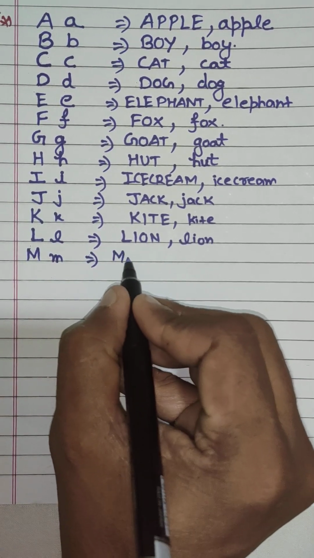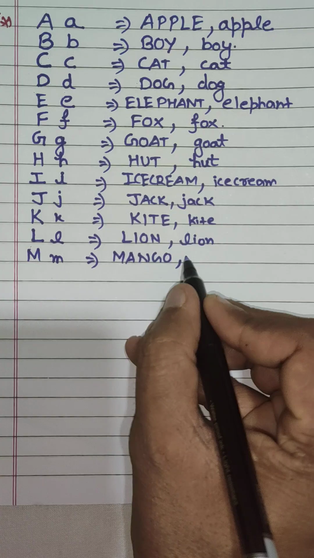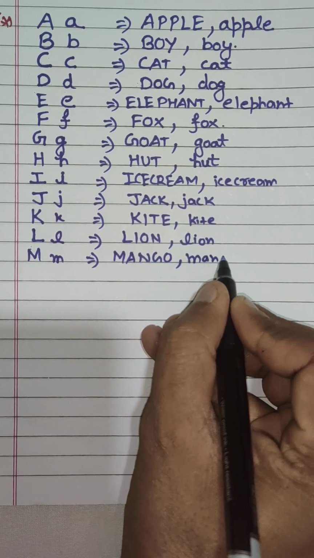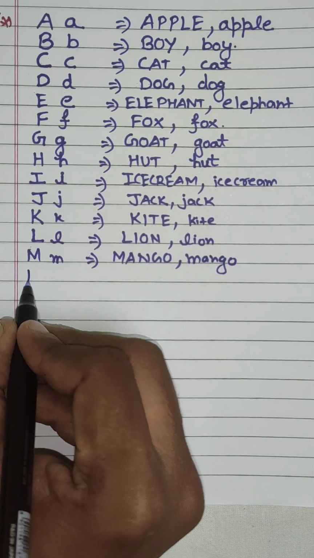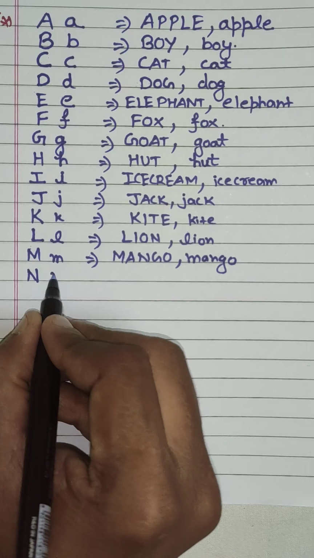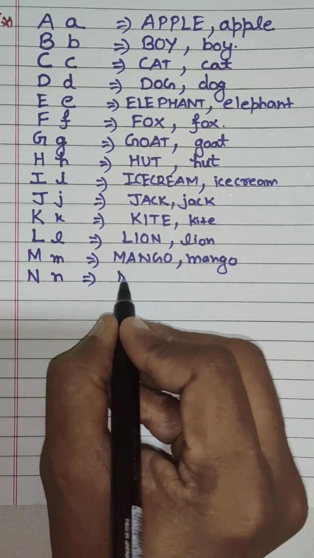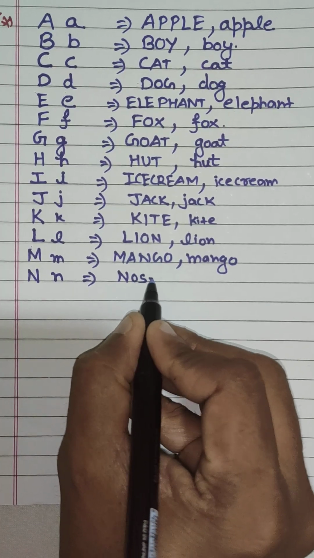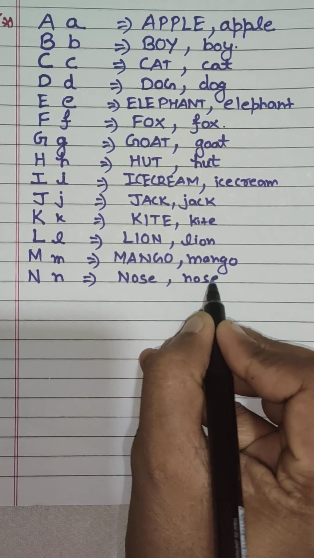M for mango. Mango. Then in uppercase we will write N, and this will be small n. N for nose. Nose.